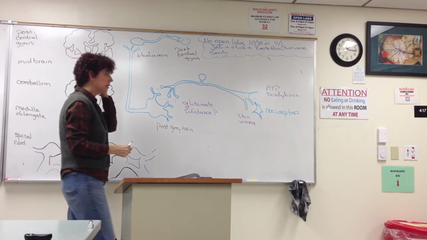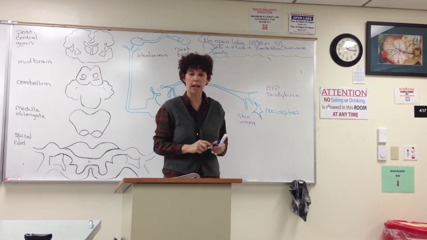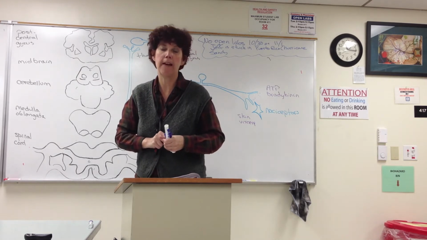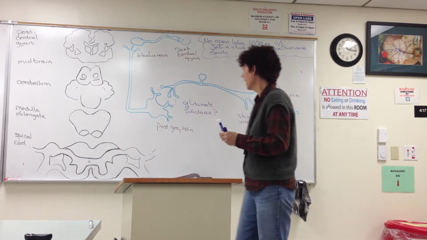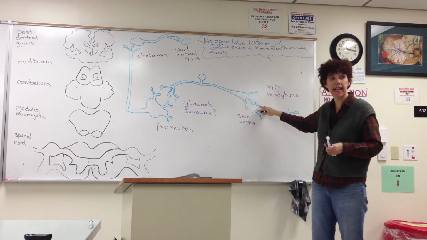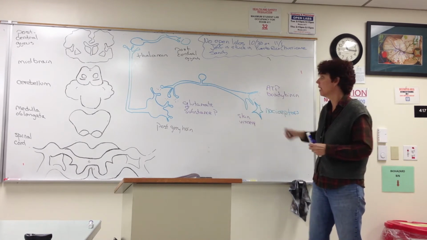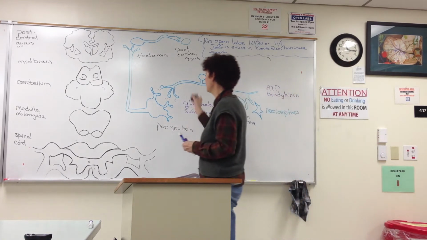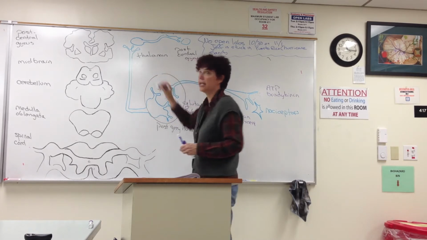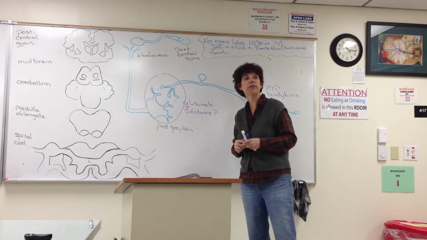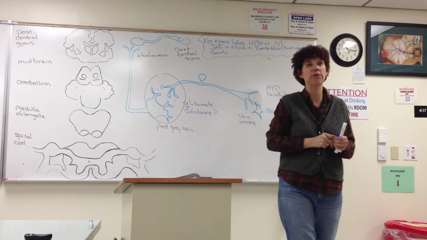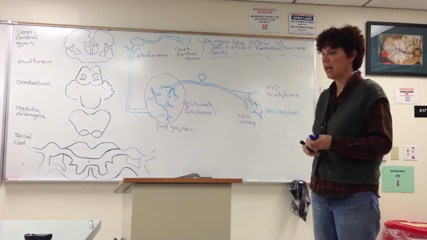So the major sites for blockage of pain transmission is either here with local anesthetics, all right? As far as the central nervous system is concerned, it's here. So you've heard of exercising and producing endorphins, all right?